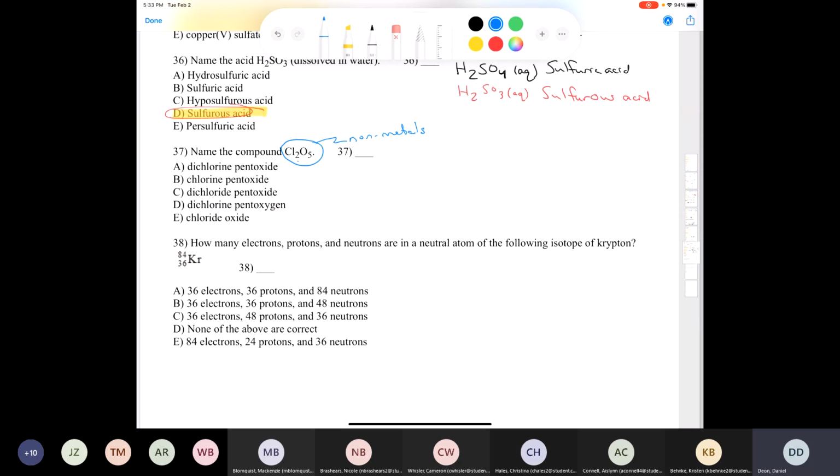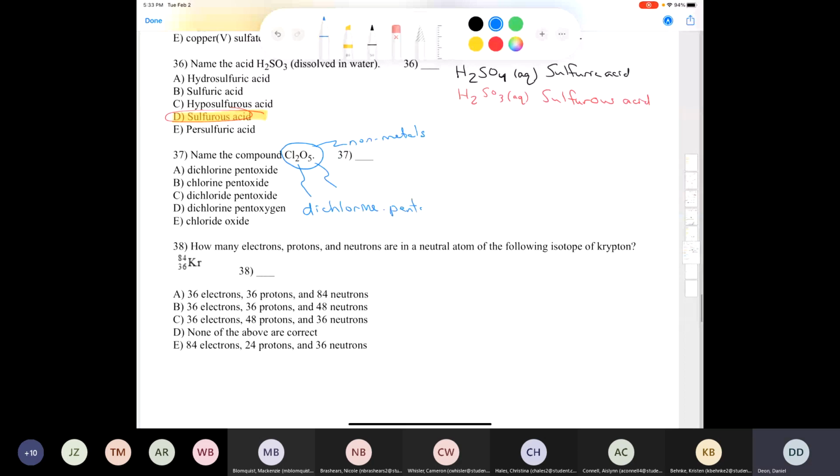And we have to use a prefix for the chlorine and we have to use a prefix for the oxygen. Prefix meaning I have to quantify how many chlorines, and since there's 2, this is going to be dichlorine. And since there are 5 oxygens, it's dichlorine pentoxide, like that. So dichlorine pentoxide.